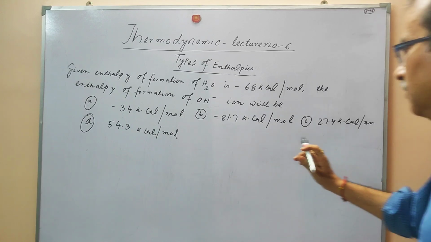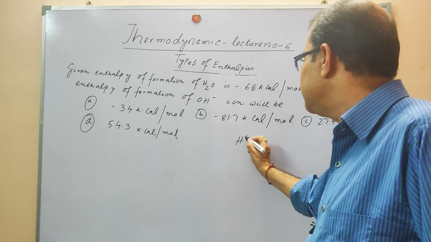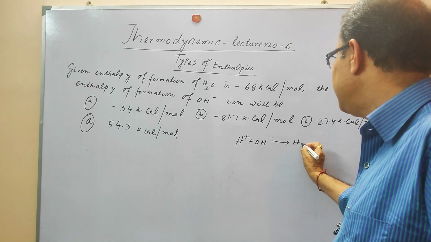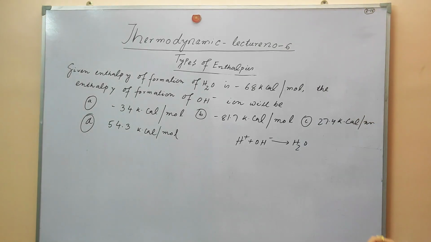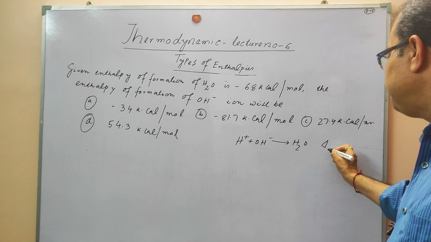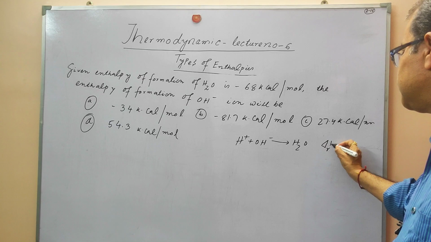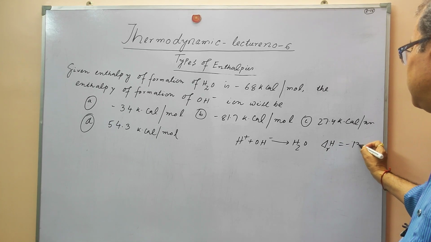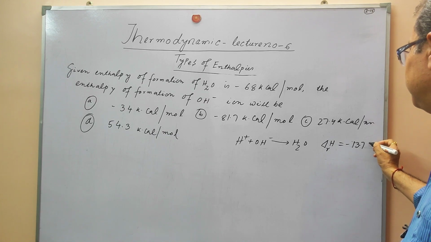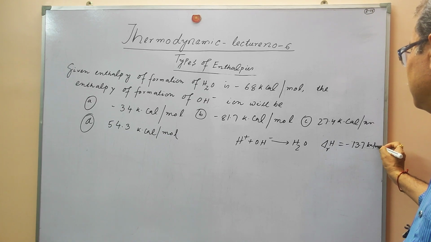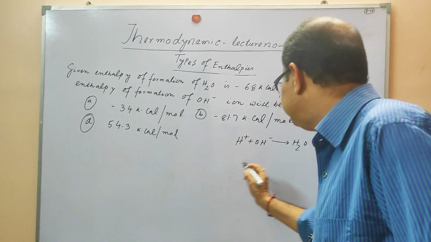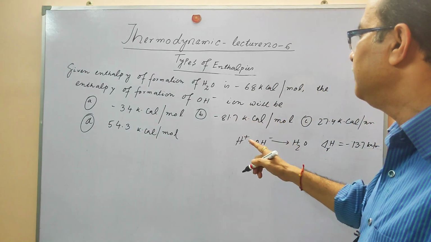For that, we have to see that H plus and OH minus ions produce H2O, and the enthalpy of reaction of this is 13.7 kilocalorie per mole. Okay, and this can be the enthalpy of formation.